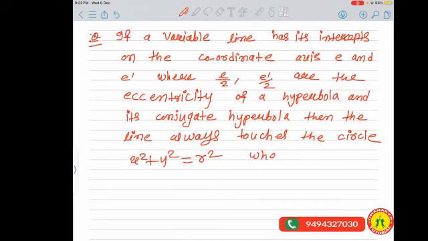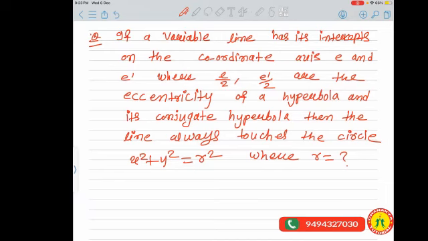आपसे पूछा गया r का वैल्यू, where r is equal to क्या. Given है, if a variable line has its intercepts on the coordinate axis e and e dash, it means कि x intercept is (e, 0) and y intercept is (0, e dash) for the line, and given है कि eccentricity e by 2 and e dash by 2 are the eccentricity of the hyperbola and its conjugate hyperbola, then the line always touches the circle.